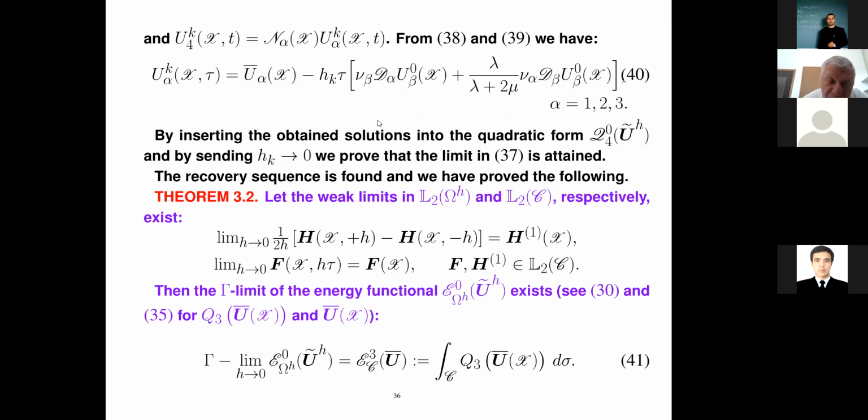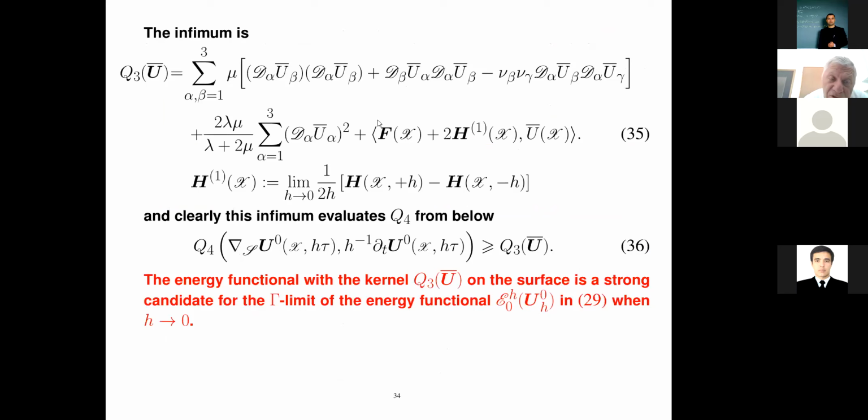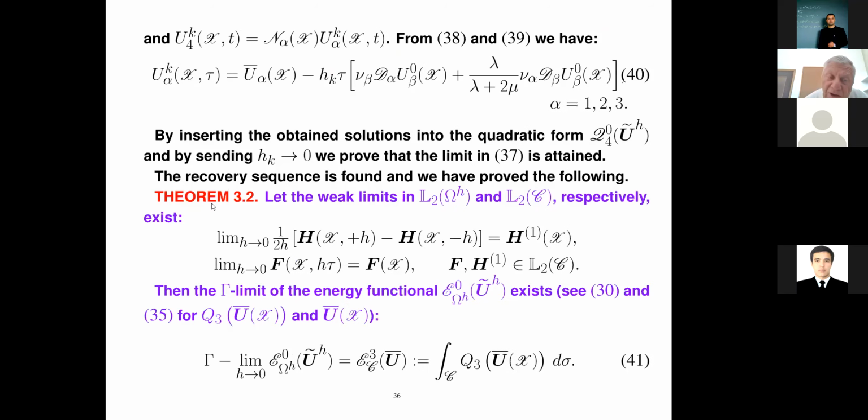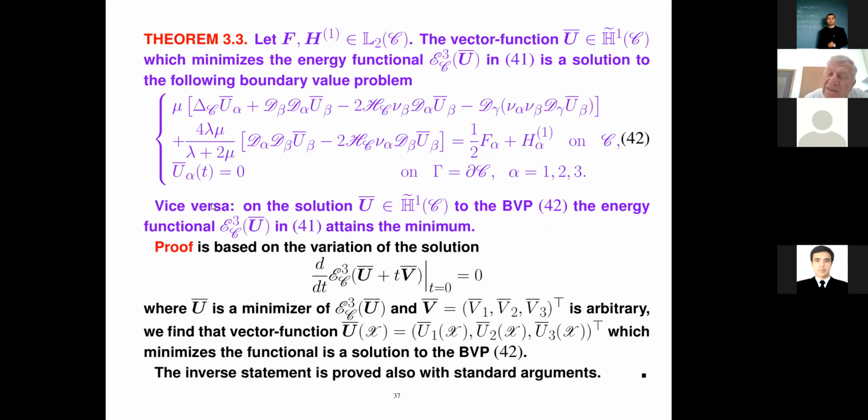First of all, I remind you that this limit function is the limit of h on the upper surface minus h on the lower surface divided by 2h. And this limit function now appears in the right-hand side of the main equation on this surface. So it migrated from the upper and lower surface conditions to the right-hand side of the main shell equation.